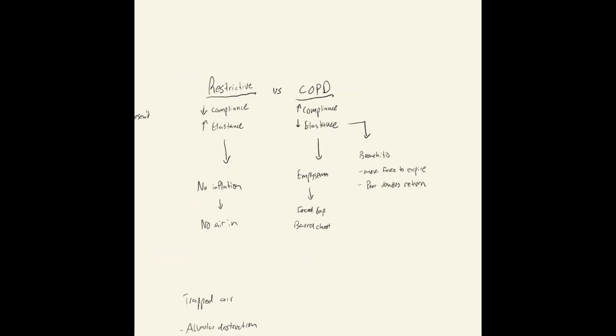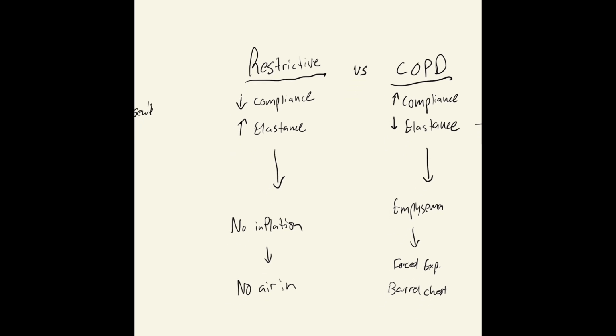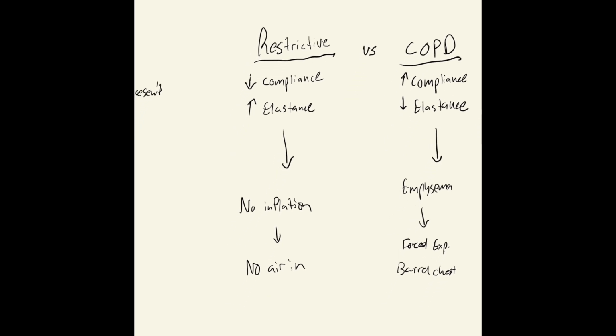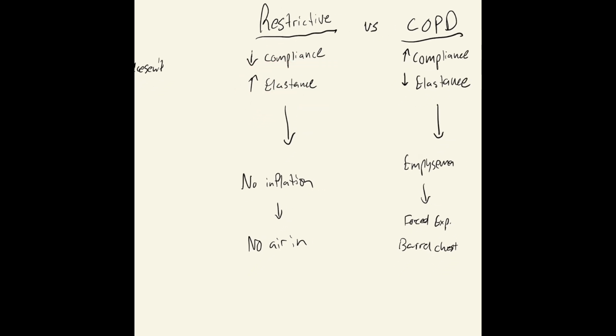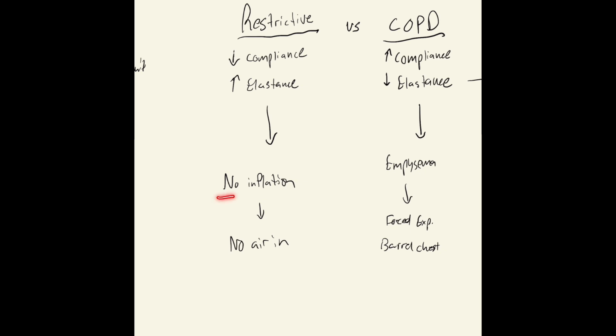In the final part of this final video, I'm going to talk about the difference between restrictive and obstructive pulmonary diseases. I'll start with the restrictive one. We lose compliance of our lung, which increases the elastance. Because of this, we lack inflation of our lung, which means no air in. We have a huge decrease of air in, which is not good.